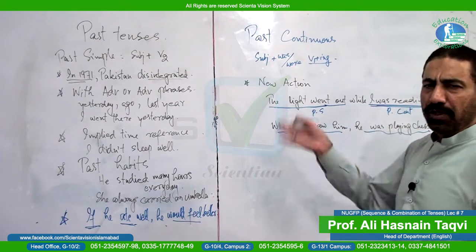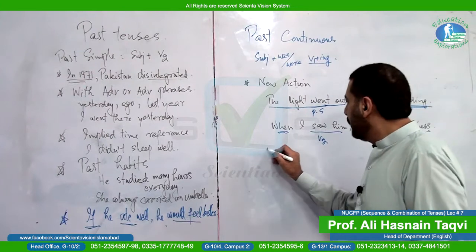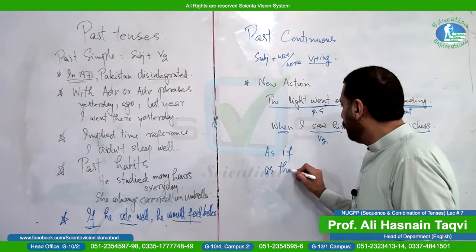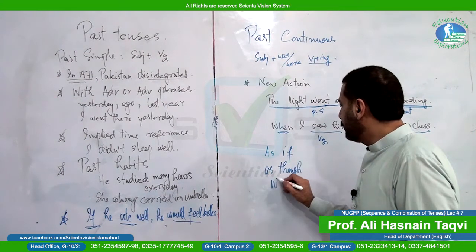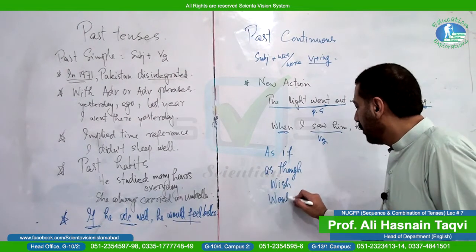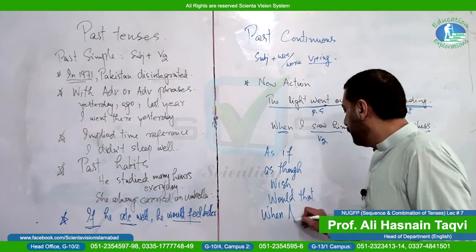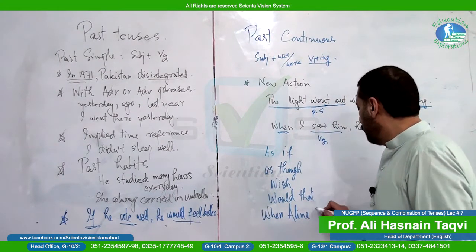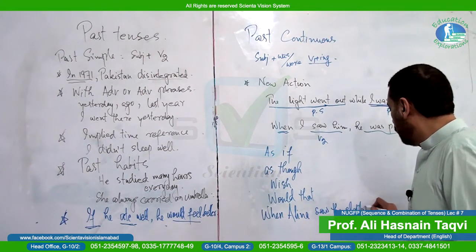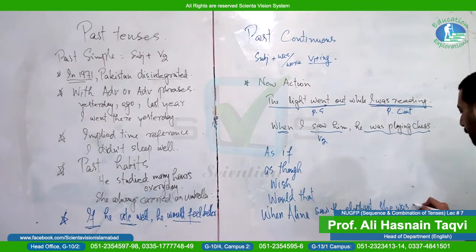Here I would like to tell you, like when we were dealing with past tenses, there are certain structures that begin with as if, as though, wish, and would that. See, if I say when Alina saw the elephant, she was amazed.